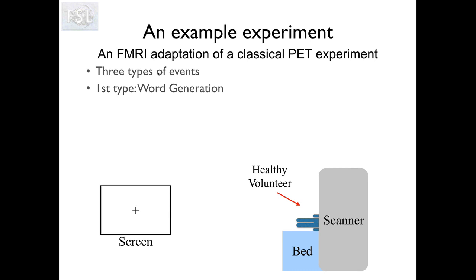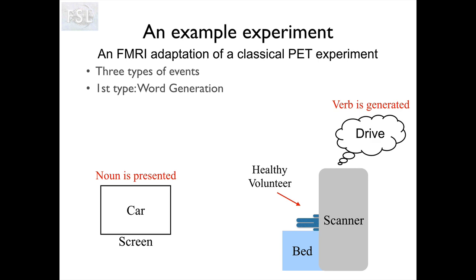So, as I said, 3 types of events. The first type we call word generation. On the screen a noun is presented, and prior to going into the scanner, the volunteer has been instructed that whenever he sees a noun, he is to generate a verb that goes with it.